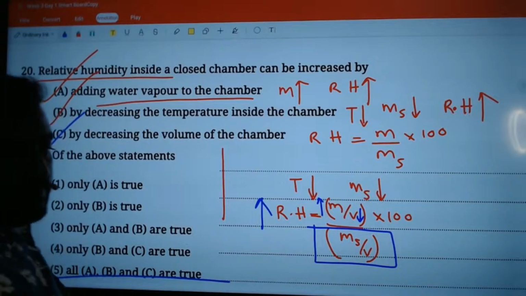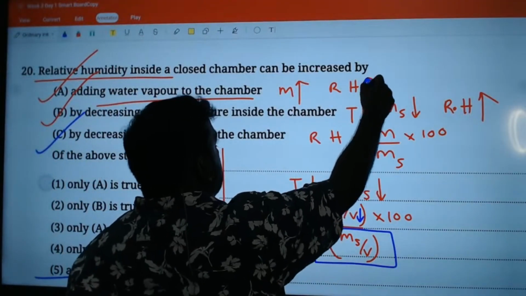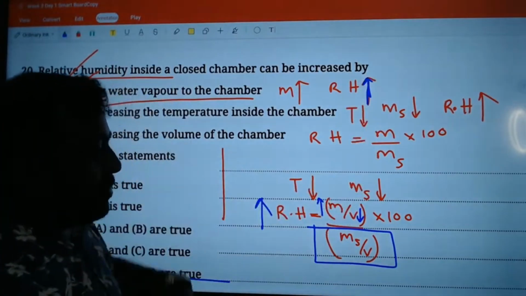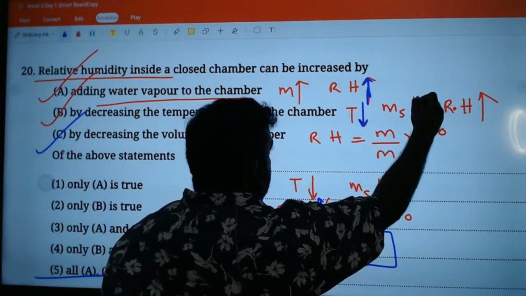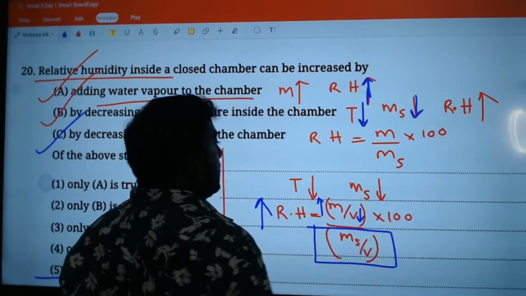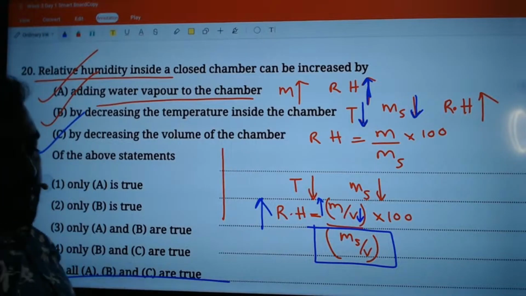Look at the board now. If I add water vapor, m is increasing, RH will increase. If I am reducing the temperature, saturated vapor mass will reduce. T reduces, m_s reduces, RH will increase. Next is decreasing the volume for a given temperature.